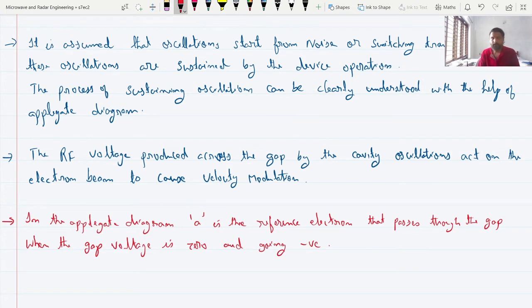Okay, so next point, you can see that the gap voltage is going negative.